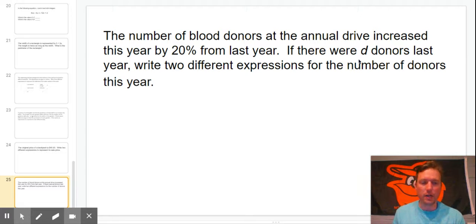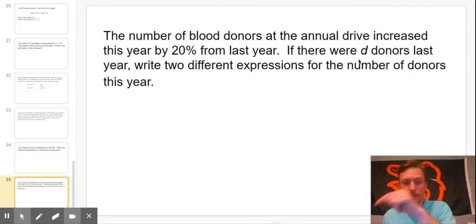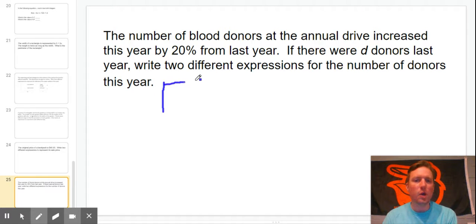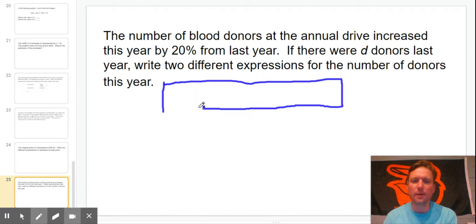Now, yesterday, if you remember, the strategy that we used was something called a bar model. And I would like to use that again today. That just allows us to really think about the problem before solving it. So if this was the bar, I would say that this big section would be 100%.